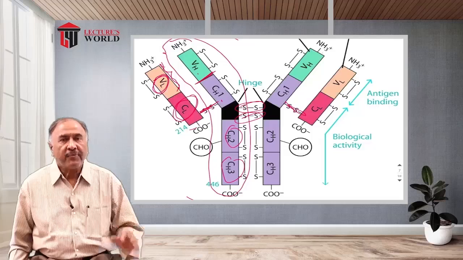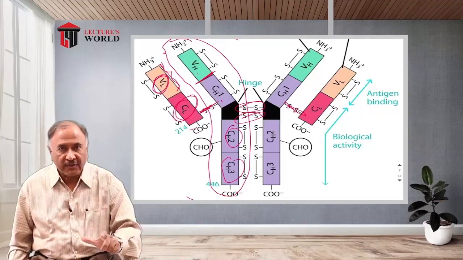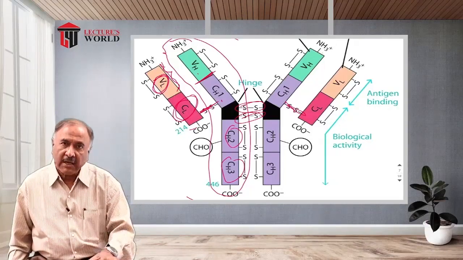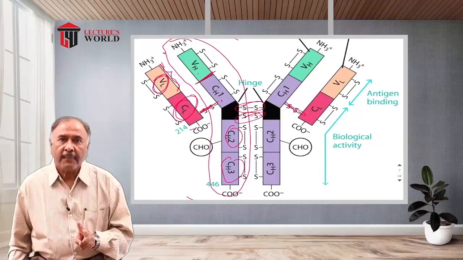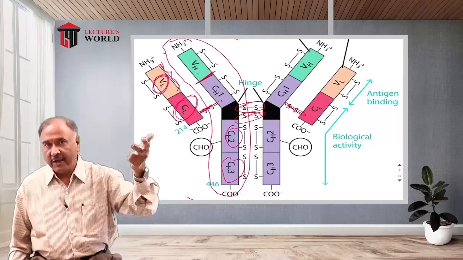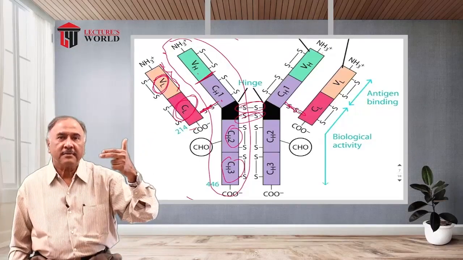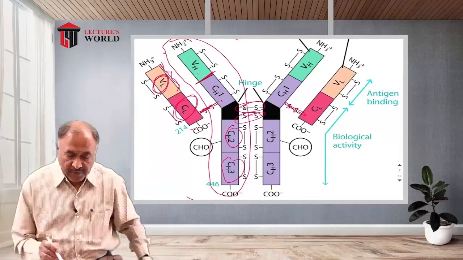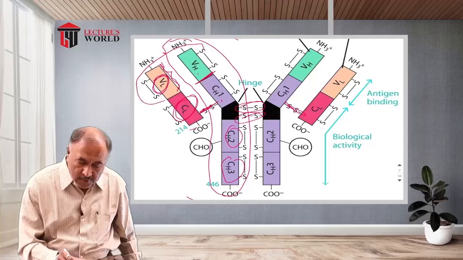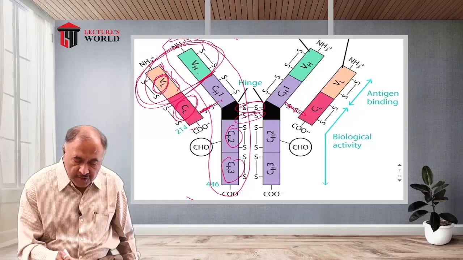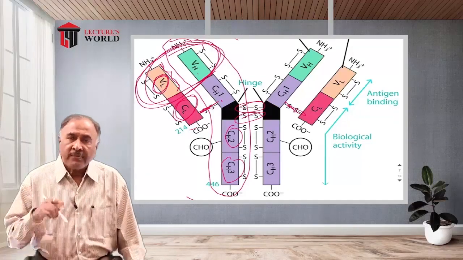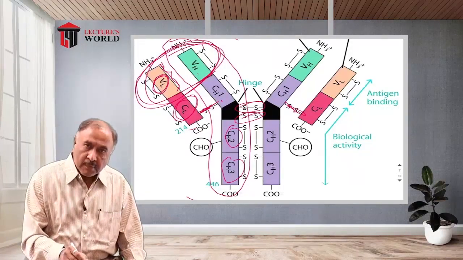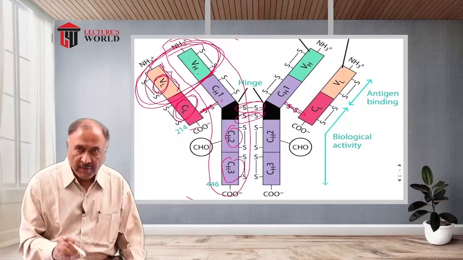In this way, the heavy chain has 4 sections for our understanding, and light chain has 2 sections. The one at the distal end, where it will bind with an immunogen, this region as a whole is known as variable region, because this variable region is allotted to light chain also and heavy chain.